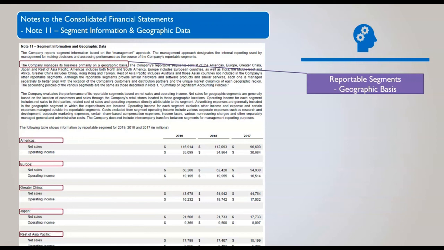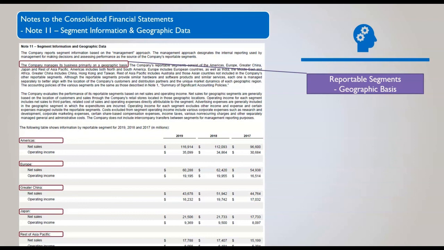So what is a reportable segment or an operating segment? Well, an operating segment is a component of an entity that engages in business activities from which it may earn revenues and incur expenses, and B, whose operating results are regularly reviewed by the entity's chief operating decision maker, or CODM, to make decisions about resources to be allocated to the segment and assess its performance, and C, for which discrete financial information is available.